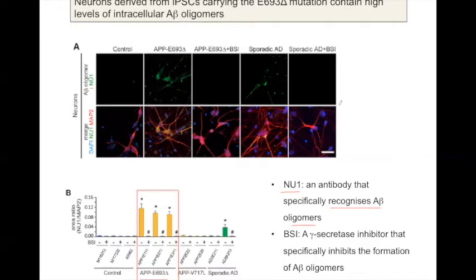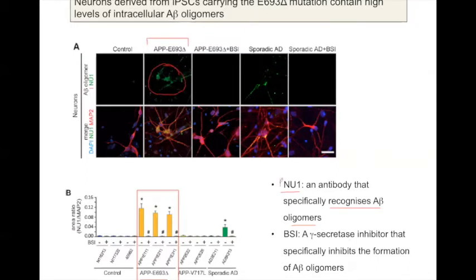So now we're looking at cultured neurons. These neurons are derived from adult fibroblasts. The fibroblasts were reprogrammed using this combination of stem cell transcription factors, and then using specific morphogens, they were directed to form neurons. So here's the control, and you can see that it's pretty well just a black background. Here is our APP E693 delta mutation, and you can see all of this green fluorescent lighting up here.